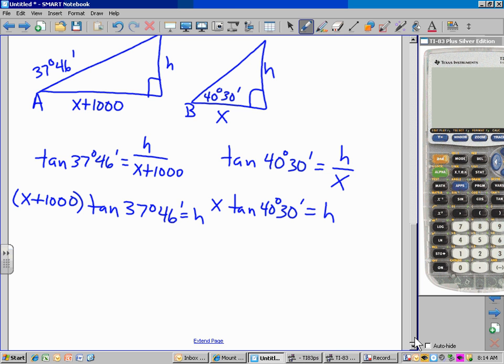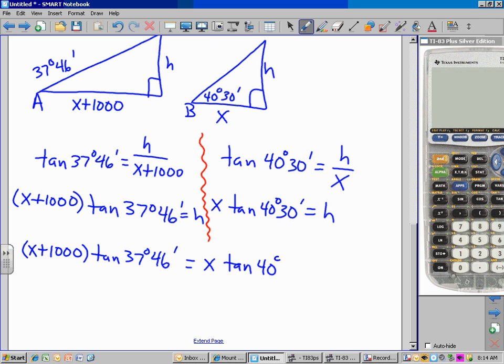These are two separate parts right now. Well, they're both equal to h, so how about we say x plus 1,000 times the tangent of 37 degrees, 46 minutes equals x tan 40 degrees, 30 minutes. Do you agree with that?